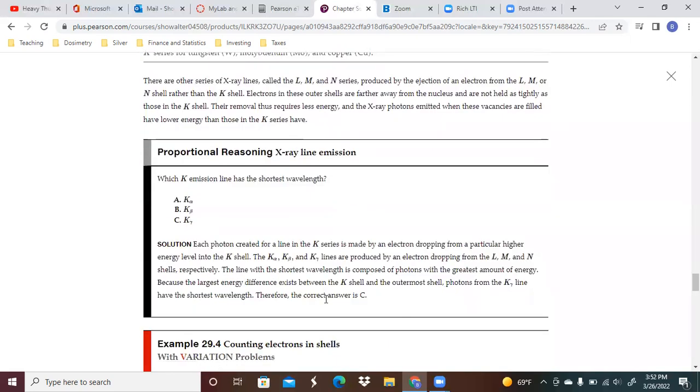There are other series of X-ray lines called the L, M, and N series, produced by an ejection of an electron from those shells rather than from the K shell. Electrons in these outer shells are farther away from the nucleus and not as tightly held, so it requires less energy to remove them, and the X-ray photons emitted when these vacancies are filled have lower energy than those in the K series.